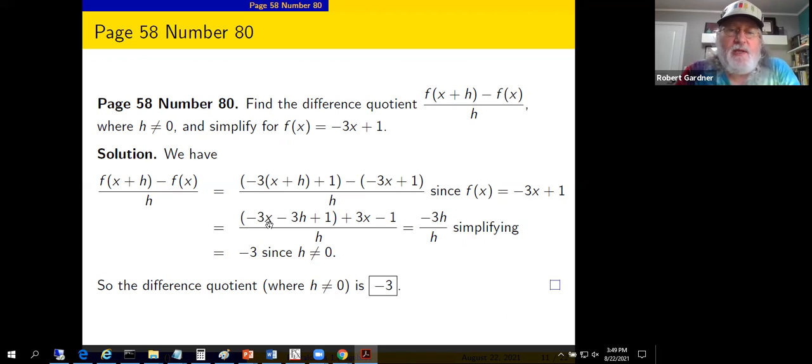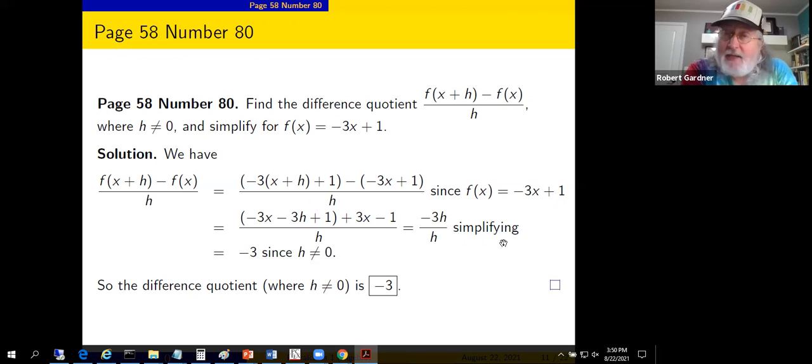Negative 3x minus 3h plus 1, minus a negative 3x is plus 3x, because it's a minus 1 here. Then some stuff cancels in the numerator. Negative 3x plus 3x, those cancel out. 1 minus 1 is gone. You're just left with a negative 3h in the numerator and an h in the denominator.